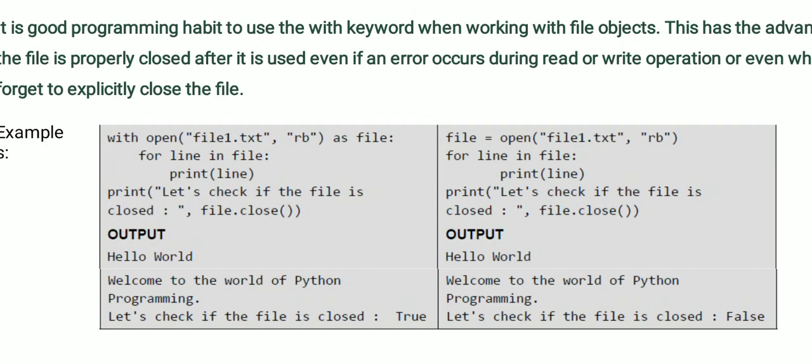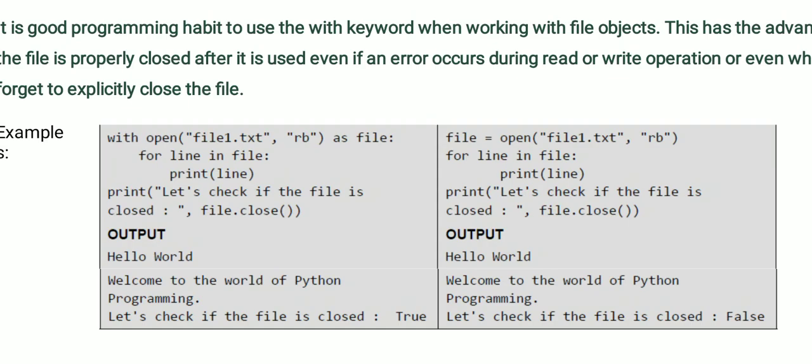Now go to the second way, without the with keyword. Here the file object is there, open the file file1.txt, the binary file is read, read multiple lines and check whether the file is closed.